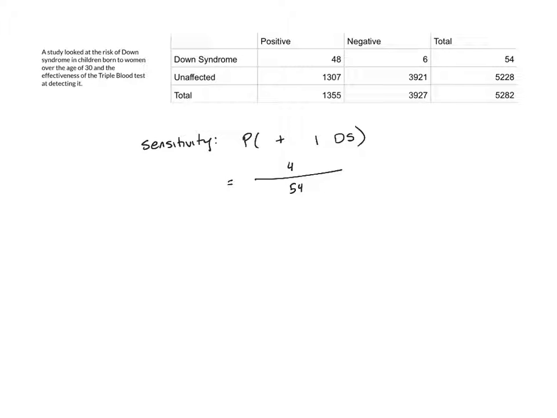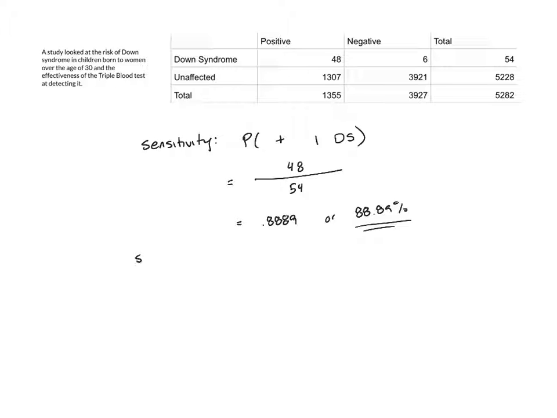Out of those 54, 48 had a positive test result, which gives us 0.8889 or 88.89%. So what we're saying here is if your baby is going to be born with Down syndrome, there's an 88.89% chance the test will flag that, tell you it's going to happen.